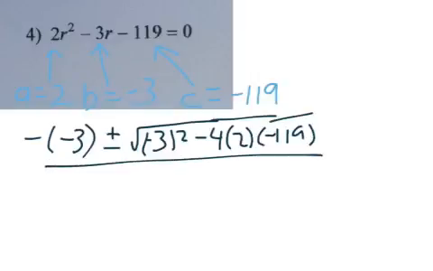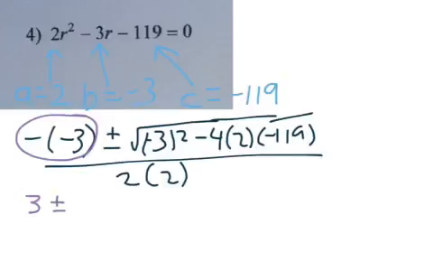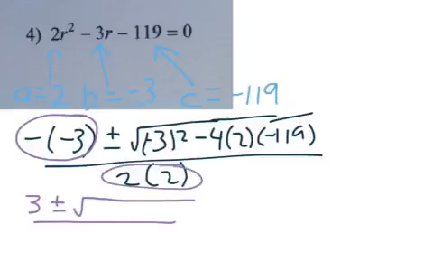And that whole mess is divided by 2 times a. Okay? So, hopefully you agree that negative of negative 3 is positive 3 plus or minus square root. 2 times 2 is 4. Now, negative 3 squared is positive 9.